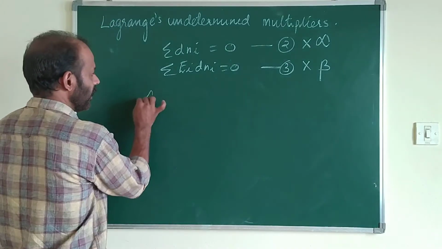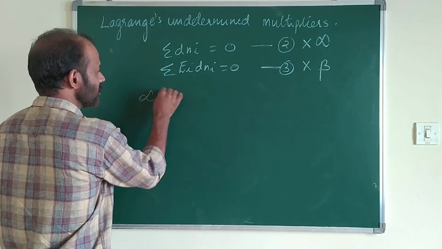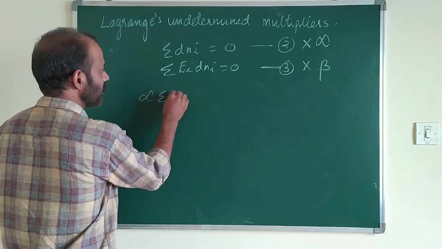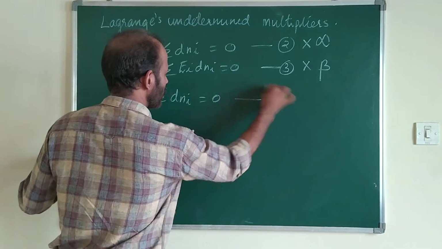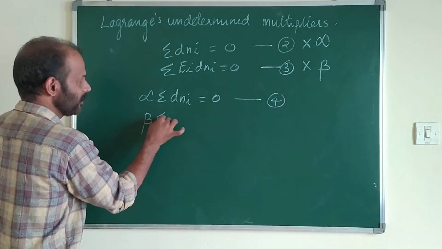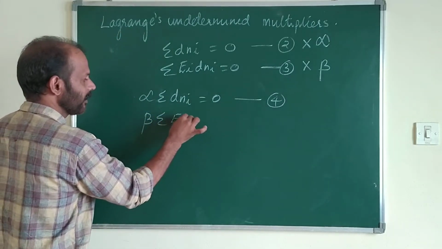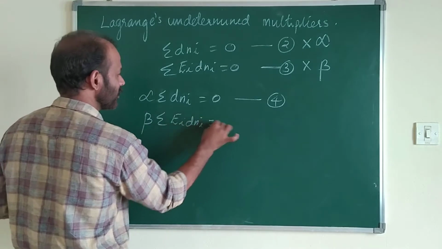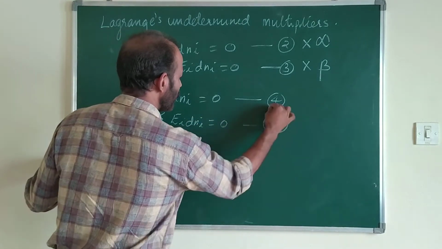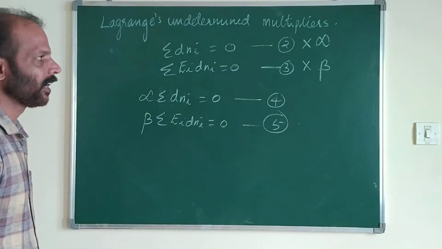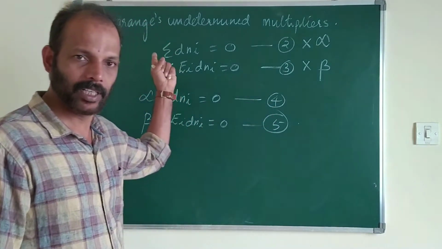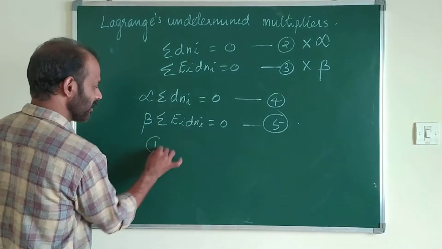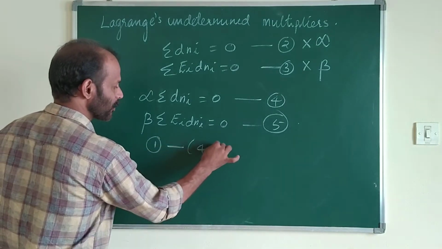Then we get alpha into sigma dNi is equal to 0, equation number 4. Beta into sigma Ei dNi is equal to 0, equation number 5. Add these two equations and subtract it from equation number 1. That is equation number 1 minus 4 plus 5.